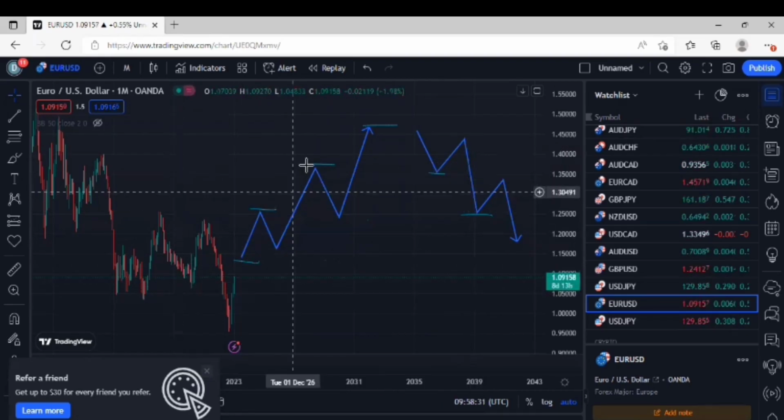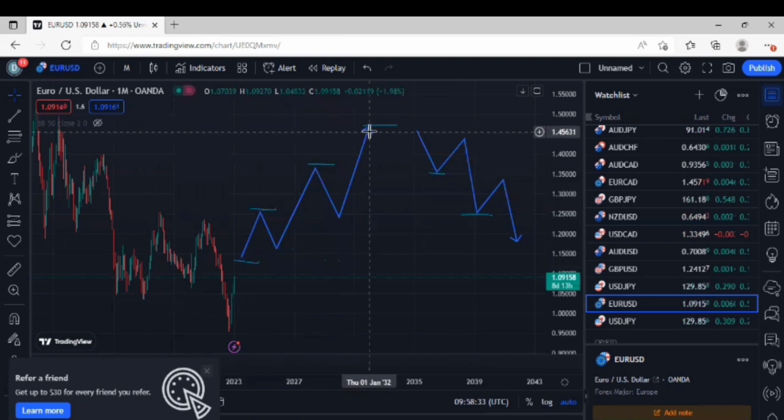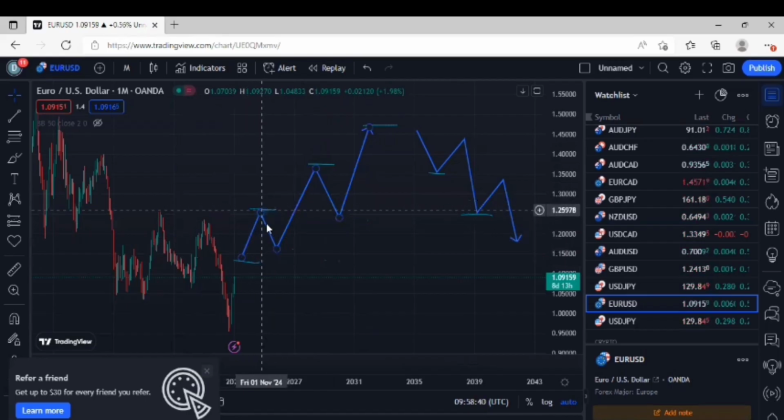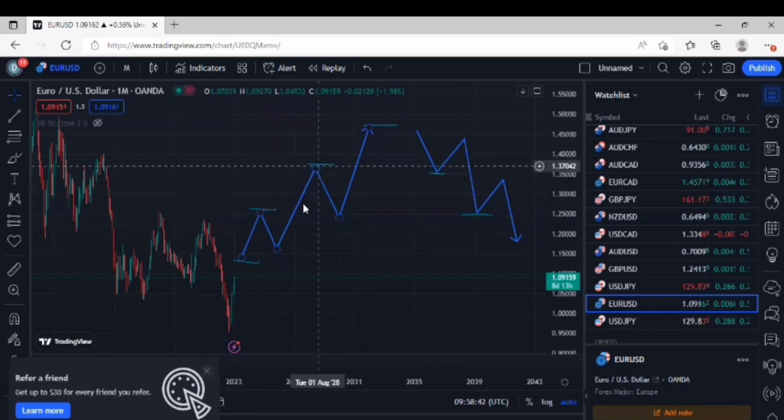What do I mean? For example, for the uptrend now, you have a low, higher high, higher low, higher high. So this is 1, 2, 3, 4.